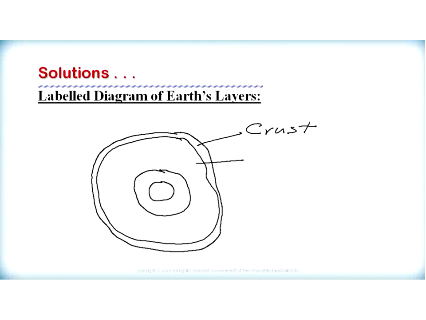The uppermost part of the second layer would be the asthenosphere. The lower layer of the mantle region is labeled lower mantle.